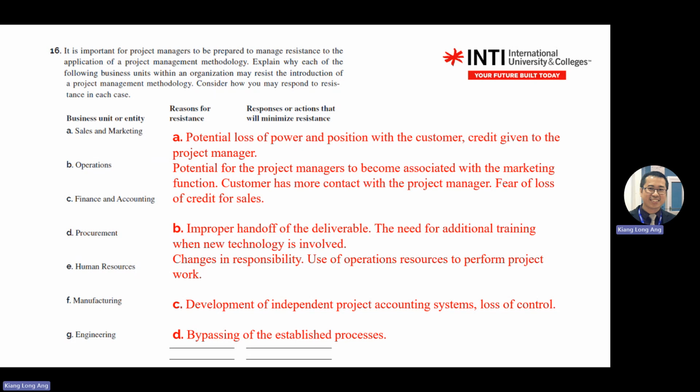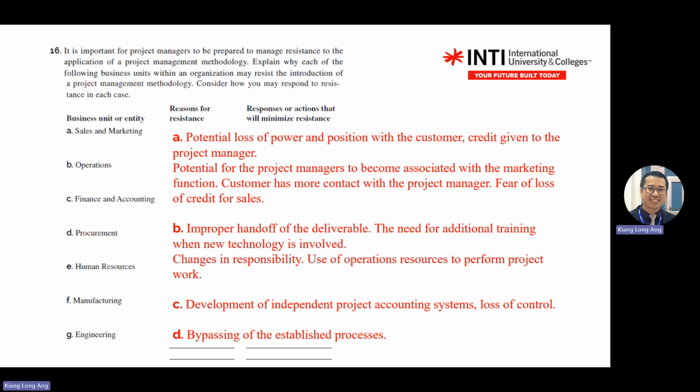So sales and marketing. The reason why they don't want you as a project manager, they don't want you to disturb them. Why? Because they might be scared of losing power and position with the customers.